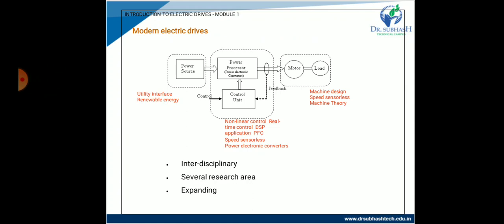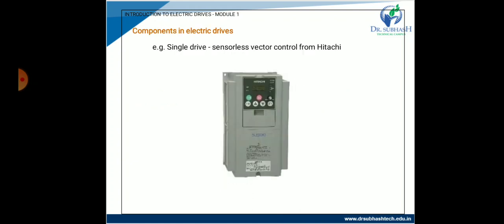They are used for controlling and feedback. And finally machine design, speed sensor and machine theory are used for the three parts: a power source, control unit and feedback, and the load. It is an interdisciplinary research area and is expanding. This is the topic of modern electrical drives. We will discuss modern electrical drives further in the next slide.